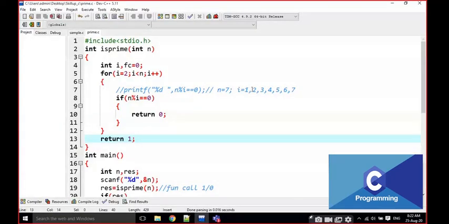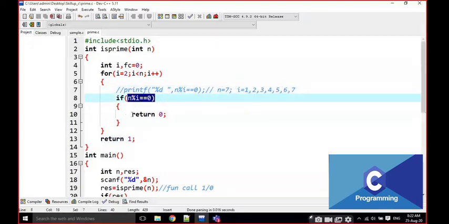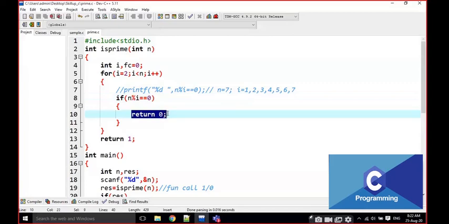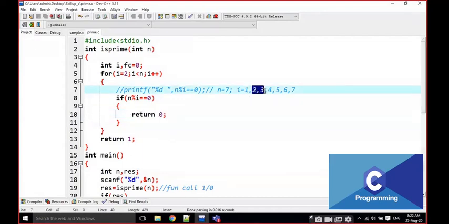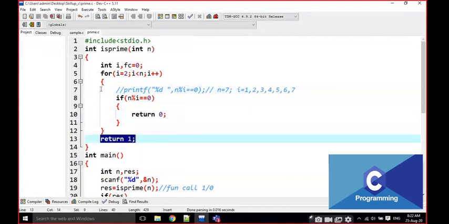If any other number between 1 and itself is exactly divisible, then I am going to return 0 here, instead of 1. If no number is divisible, then it is going to return 1.